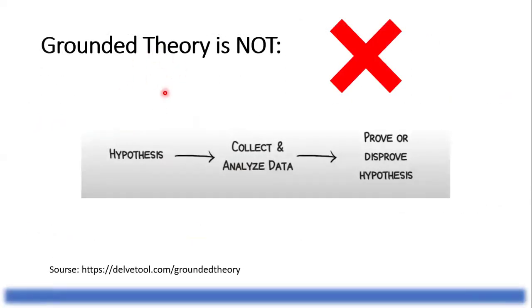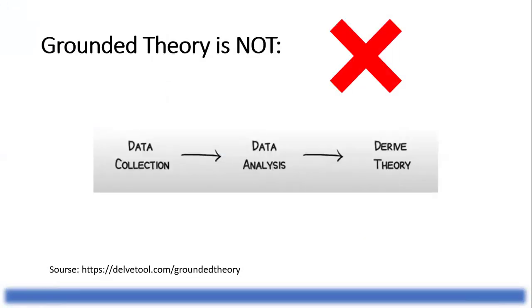So what is grounded theory? Grounded theory is not that you have a hypothesis, you are collecting and analyzing data and you prove or disprove the hypothesis. It is not this case because in grounded theory, you don't have anything to test. In fact, grounded theory is not just to collect the data, analyze the data and derive the theory.